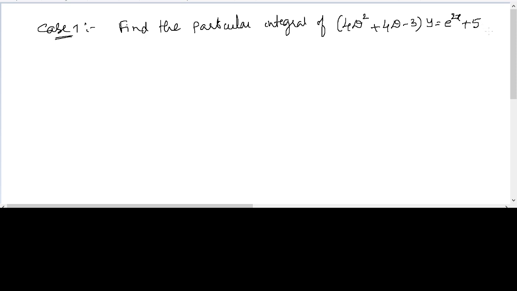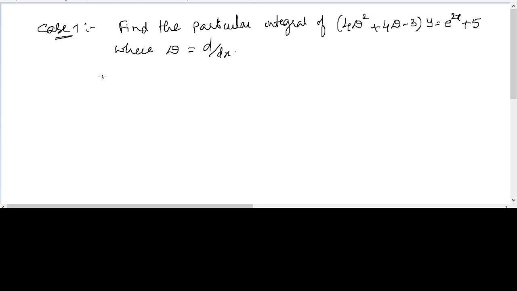Here we are going to find the particular integral. D is nothing but d by dx. So let us try to find the particular integral of this given differential equation.